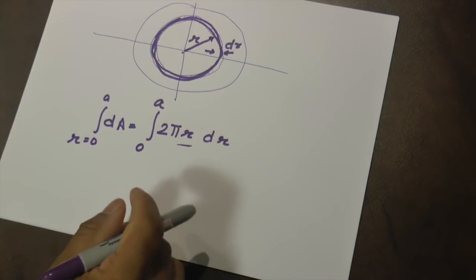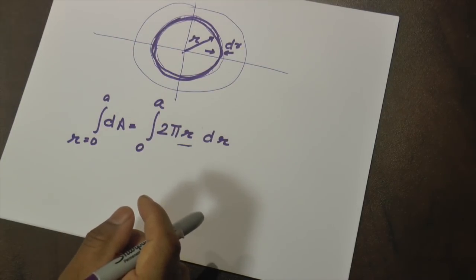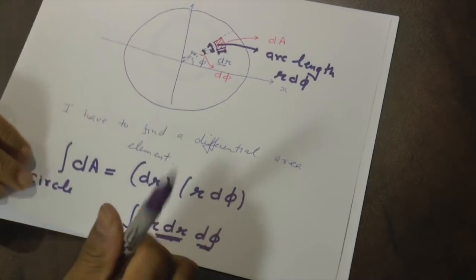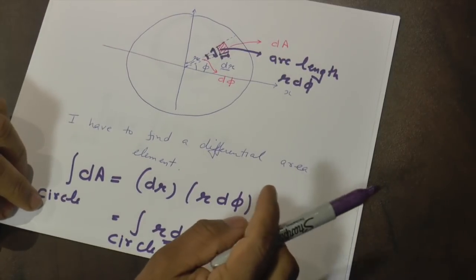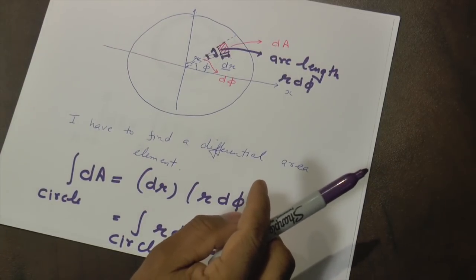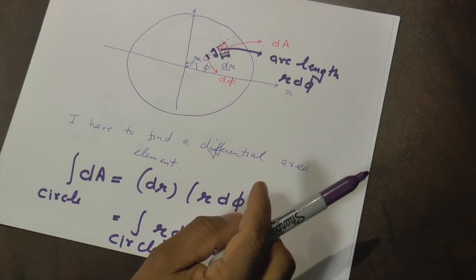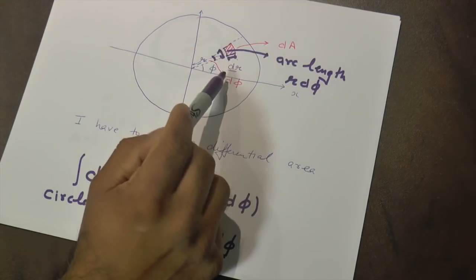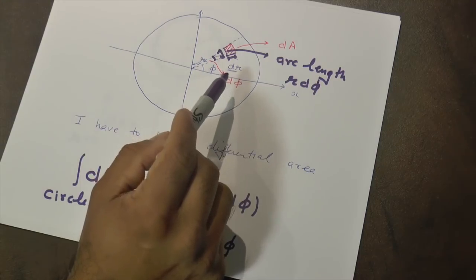Again, remember, when you look at a problem, if the problem has a circular symmetry, then using xy coordinates is not the elegant way to do it. You should go to polar coordinates.